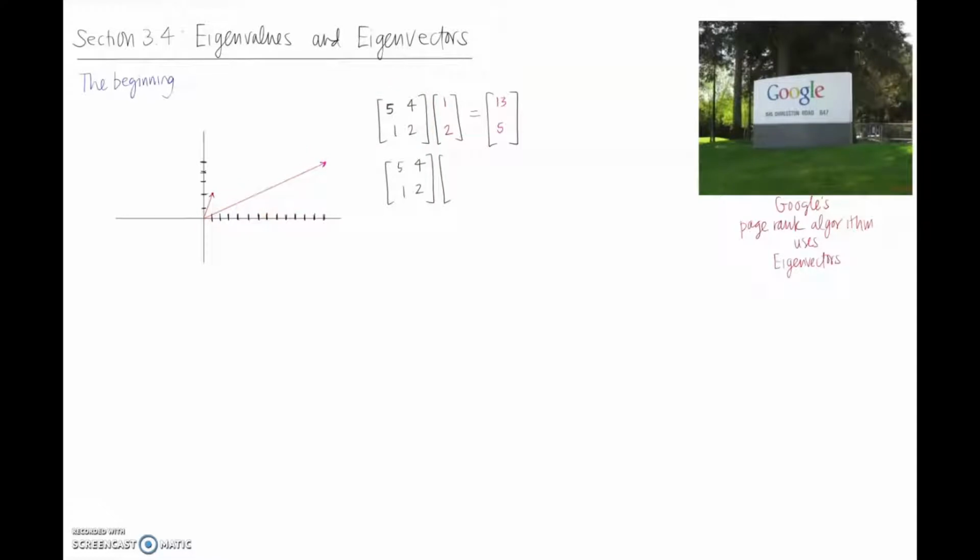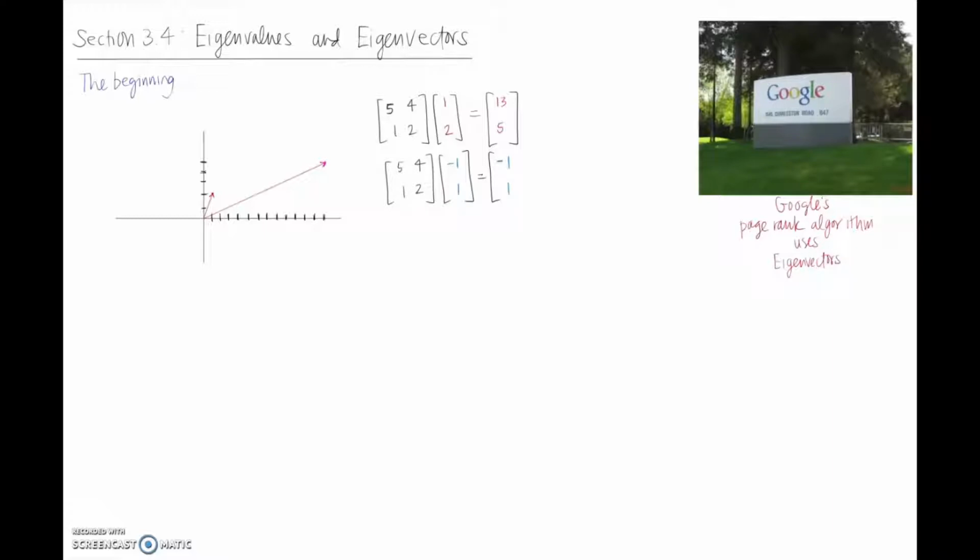Now let's see where another vector goes under this transformation, and let's look at the vector -1, 1. So we do this transformation, which is just the matrix multiplication, and we'll get, let's see here, -5 plus 4 is -1. And then 1 times -1, -1 plus 2 is 1.